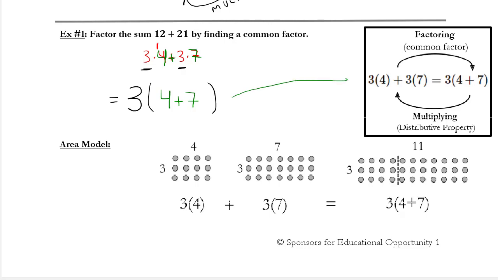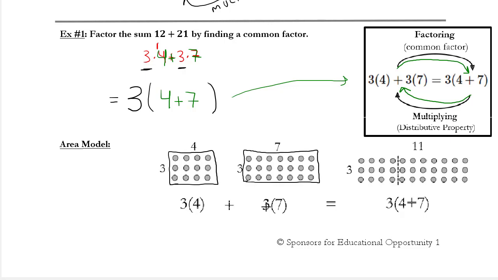And again, this is this idea that factoring is going in this direction, and multiplying or using the distributive property is going in this direction. So we're reversing, we're undoing, doing and undoing these things. So right here we can see what this factoring looks like within the context of an area model. Here I have my 3 times 4, 3 circles by 4 circles. Here I have my 3 times 7, right?